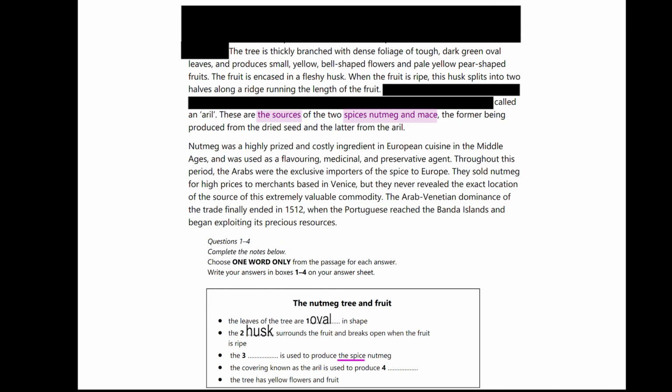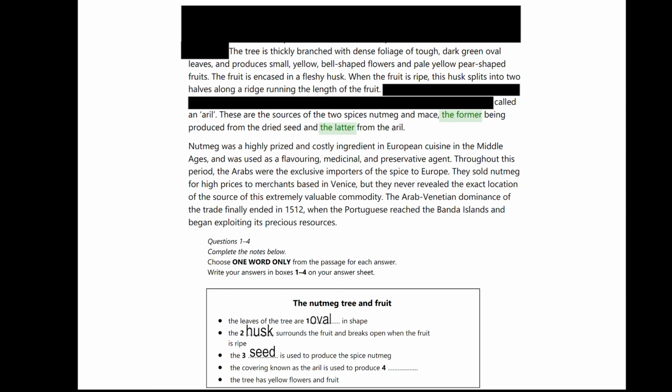But question 3 is only asking us about the spice nutmeg. To be able to tell which is which, we need to know about the words former and latter. Former means first and latter means second. Here, the spice nutmeg is mentioned first, and the text says the former being produced from dried seed. So, dried seed is used to make spice nutmeg. Since we're not allowed to use two words, we're going to write seed here.